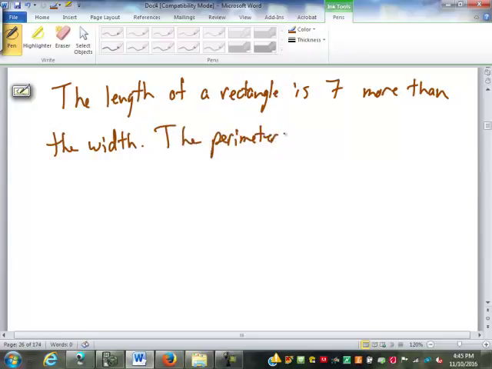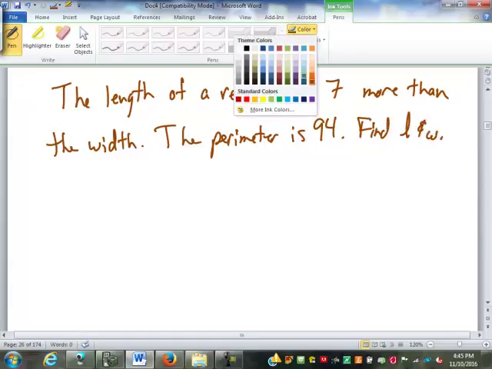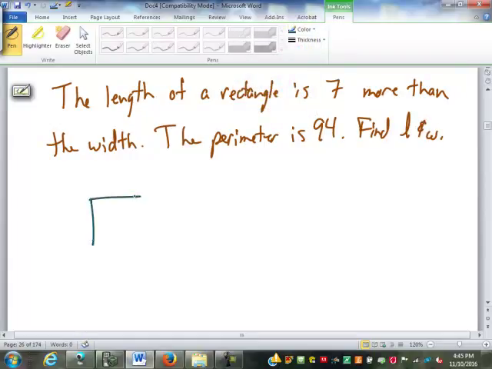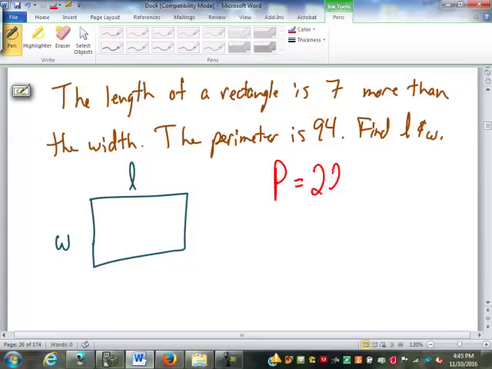The perimeter is 94. Find the length and the width. Here's length, here's width. You know, perimeter is 2 times the length plus 2 times the width. The key here is the length is 7 more than the width.